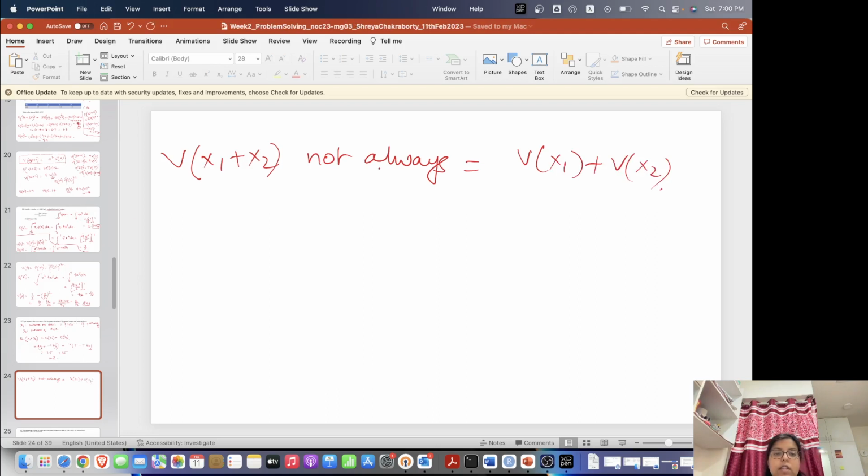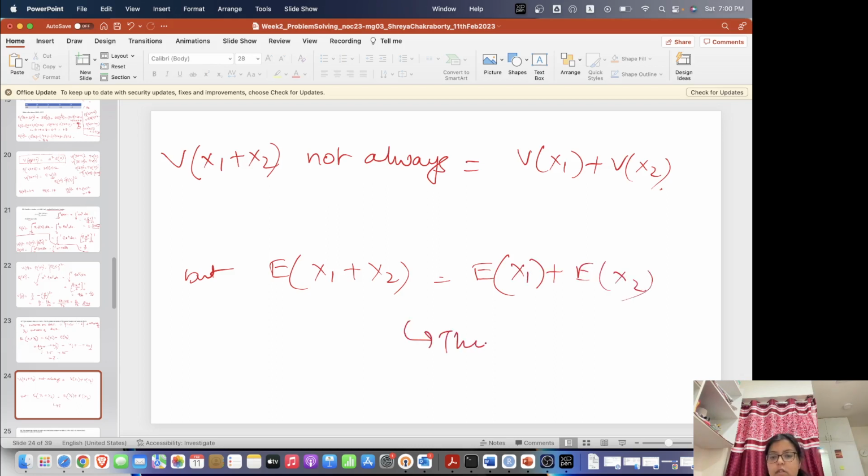This does not hold always, but this will always hold: expectation of x1 plus x2 equals expectation of x1 plus expectation of x2. This holds.